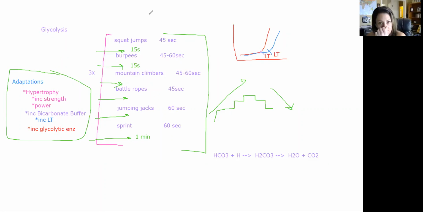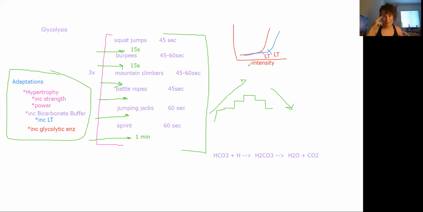Because you're only working for 10 to 15 seconds and your substrate is phosphocreatine, so you're not even using glycogenolysis. So where are you on this drawing? You're below your lactate threshold. In your max sprint, you're down here? No, never mind, you're above it.